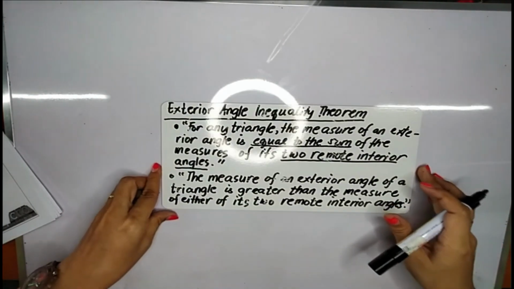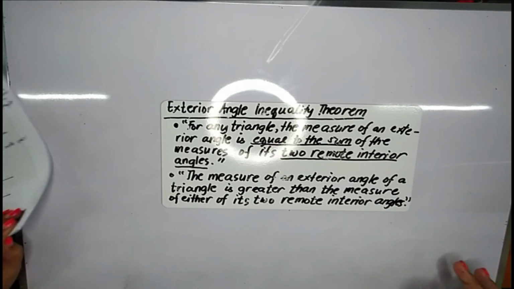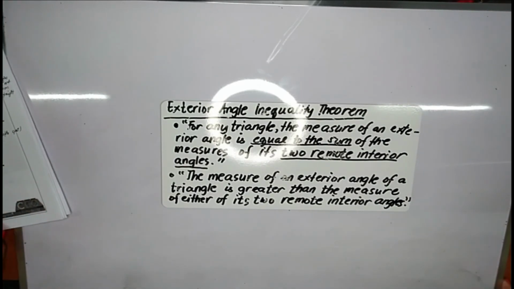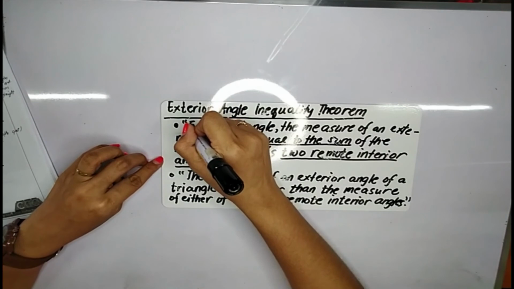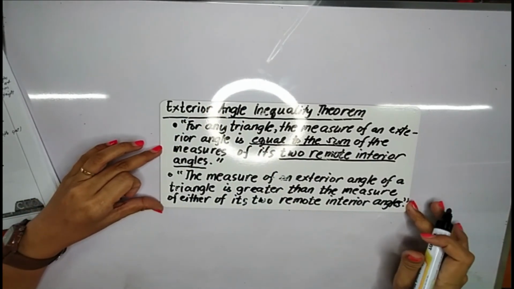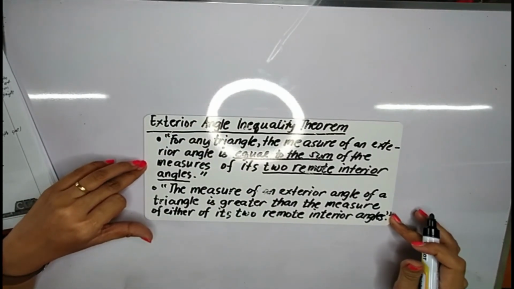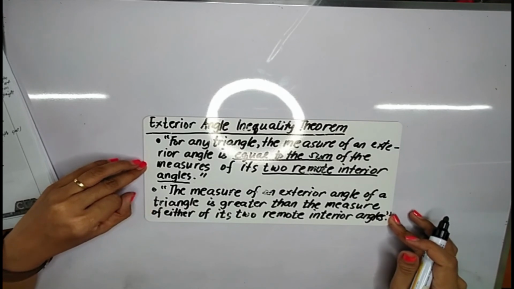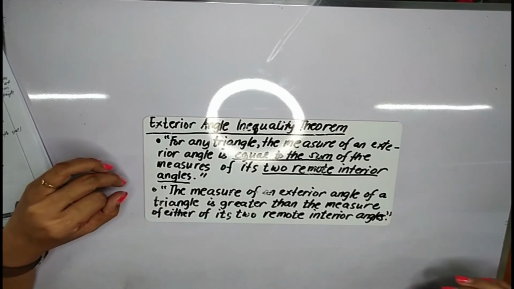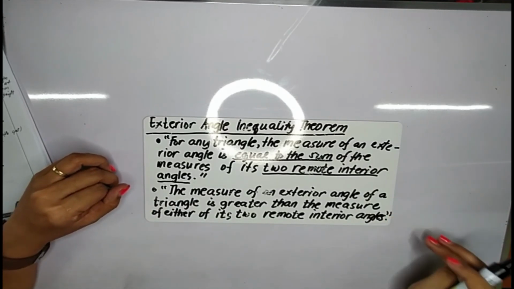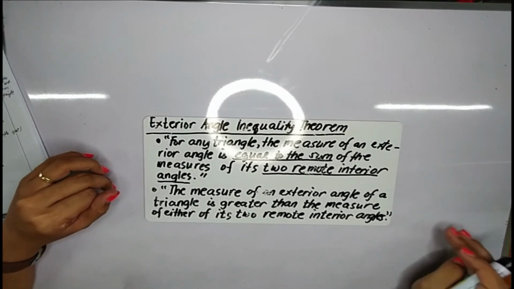Based on your notes, in your last, there are two exterior angle inequality theorems. First is this one. For any triangle, the measure of an exterior angle is equal to the sum of the measures of its two remote interior angles.